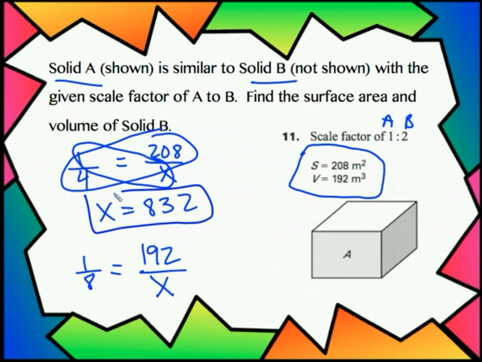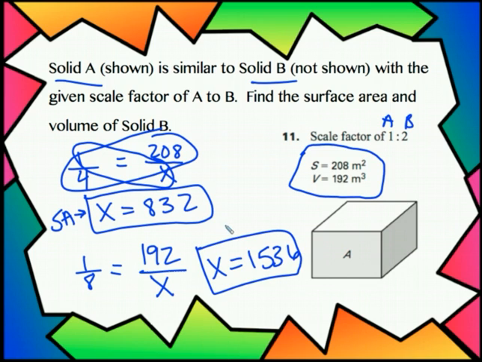That is the surface area of solid B. Then when you cross multiply these, you get X equals 8 times 192, and you get 1536. And that is the volume of solid B.